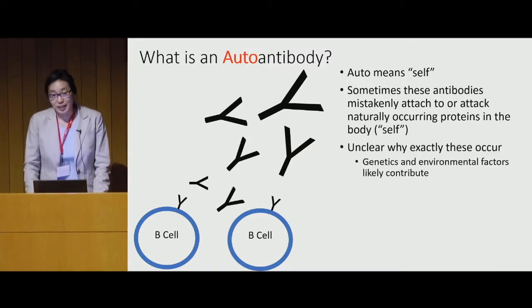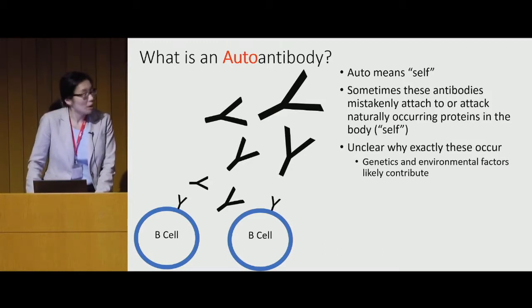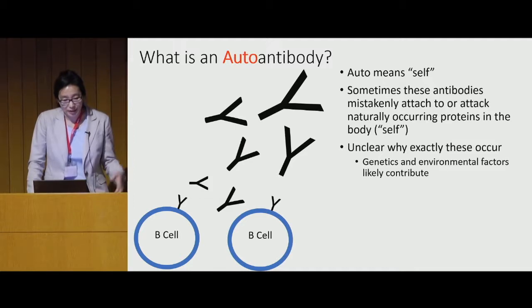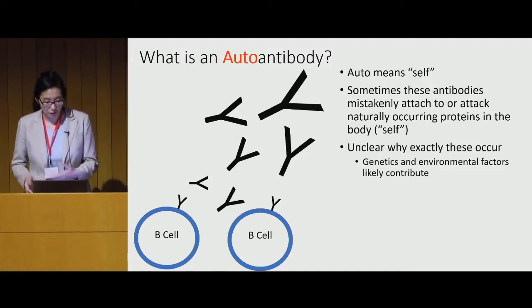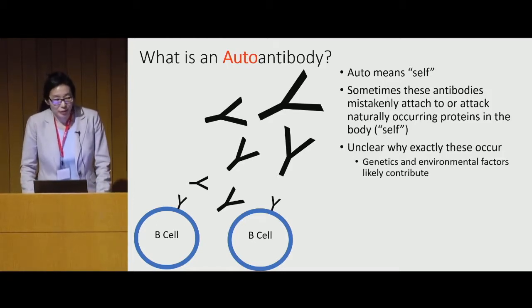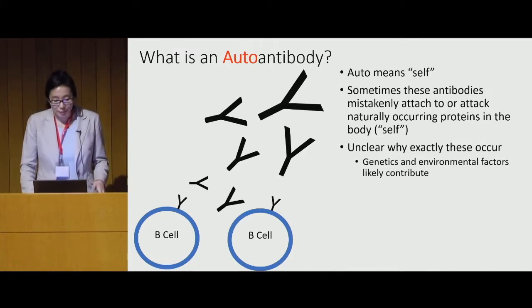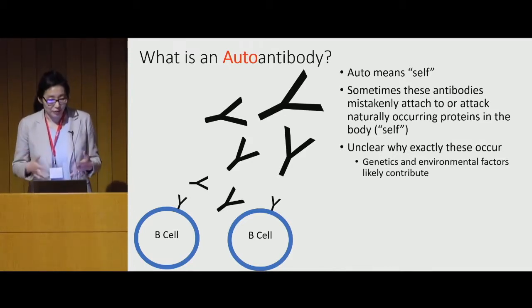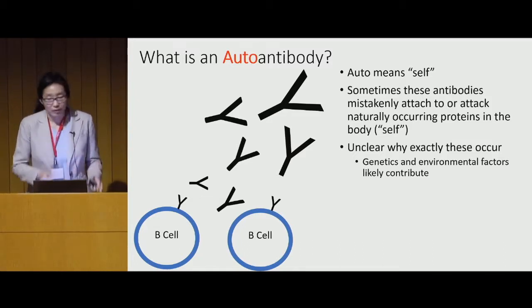And it's not 100% clear why this happens. It's thought to be some combination of genetics. There might be genetics that contribute to how the immune system develops in an individual or in a family, and environmental factors are thought to contribute. For example, in the setting of an infection, the immune system may be already overly active with a true infection, but because it's overly activated, it may also start recognizing self things as things to attack as well.